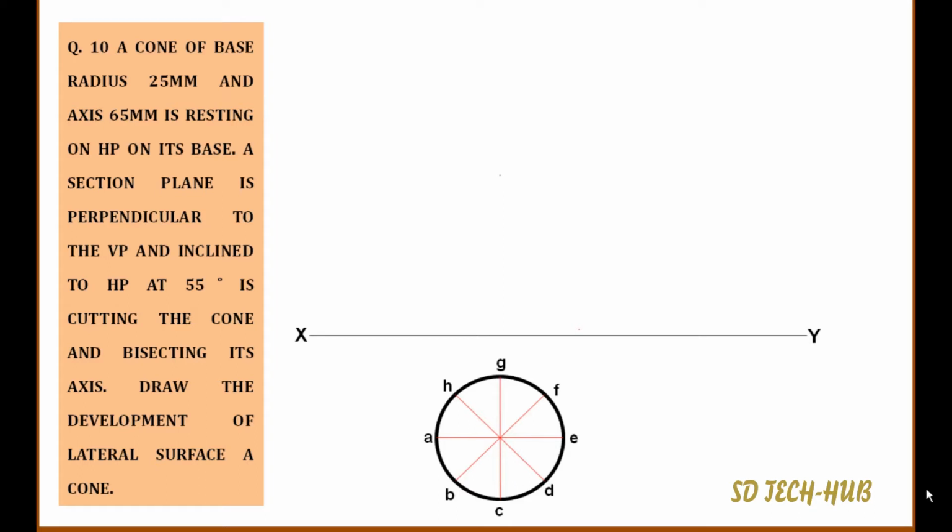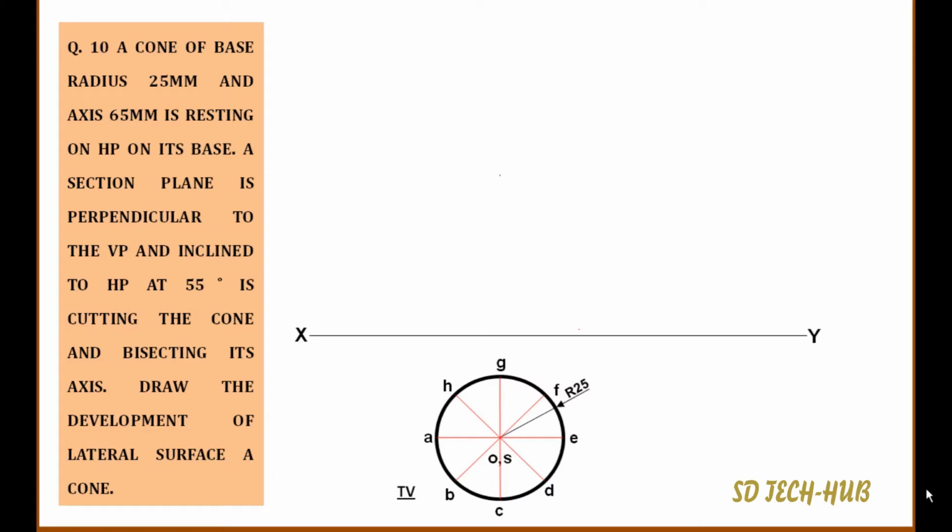Now name the center of the circle, which represents the axis OS, where O is the apex point of the cone and S is the bottommost point of the axis OS.